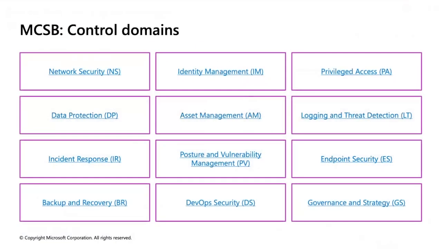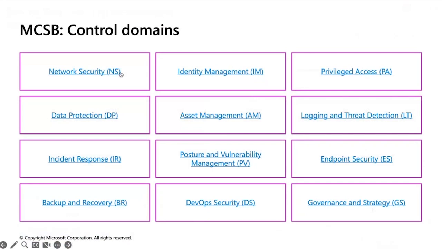These control domains are: network security, identity management, privileged access, data protection, asset management, logging and threat detection, incident response, posture and vulnerability management, endpoint security, backup and recovery, DevOps security, and governance and strategy.